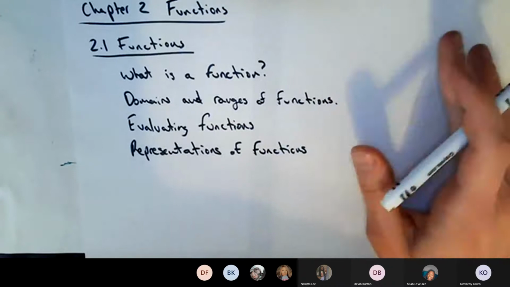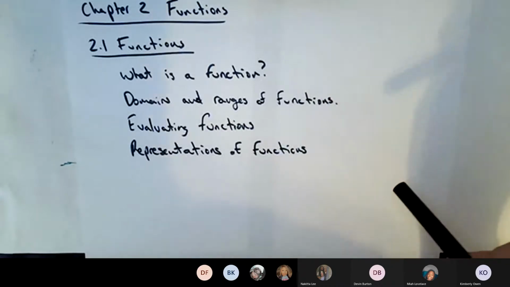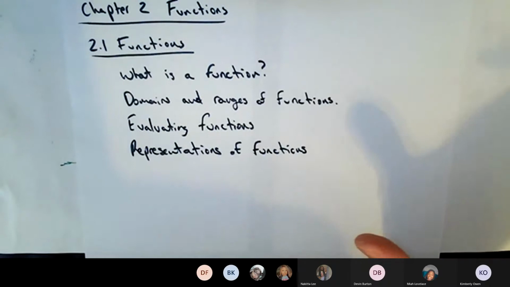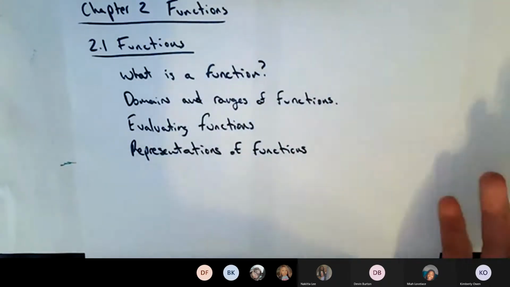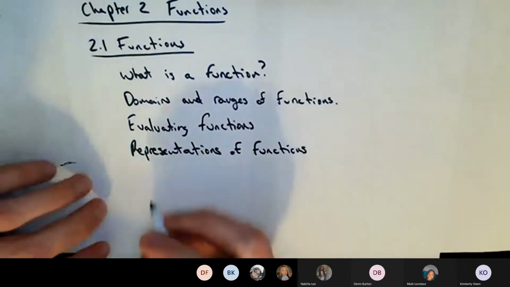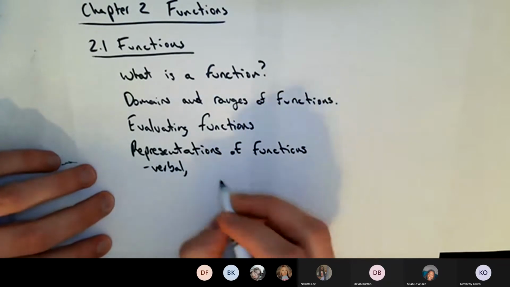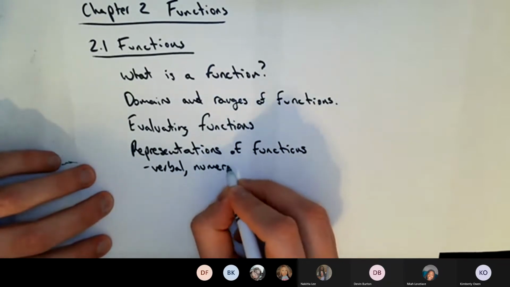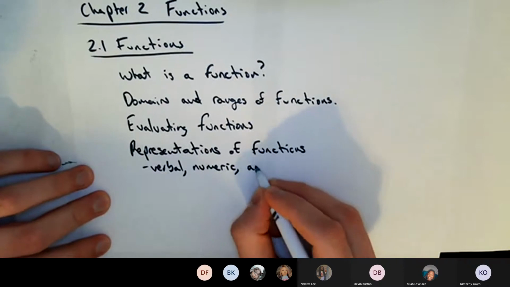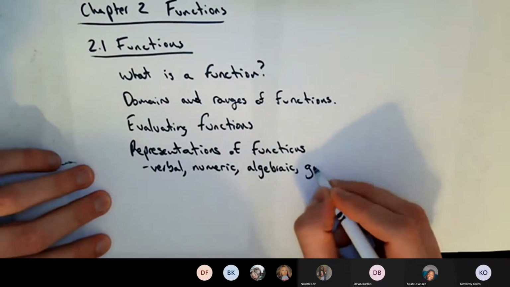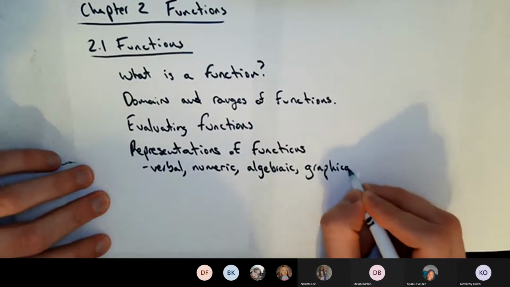We can represent them numerically, which means a table of values, and then culminating in the best representation besides algebraic, which is graphical. So we'll talk about verbal representations, numeric, algebraic, and graphical representations.